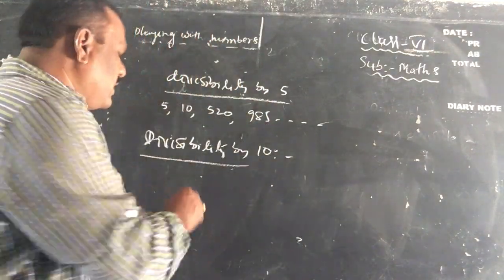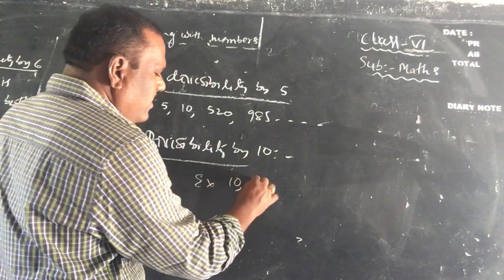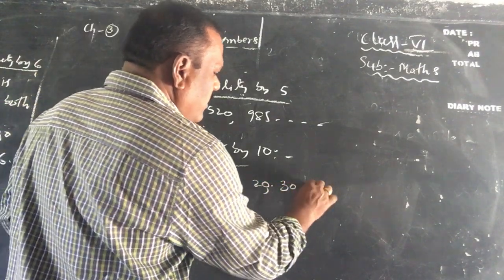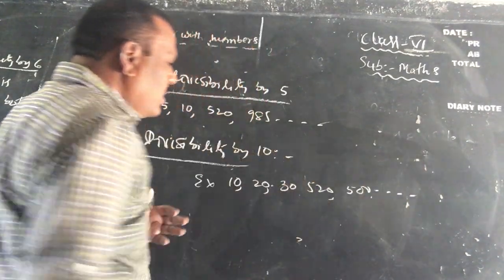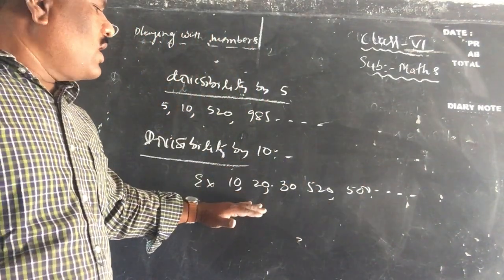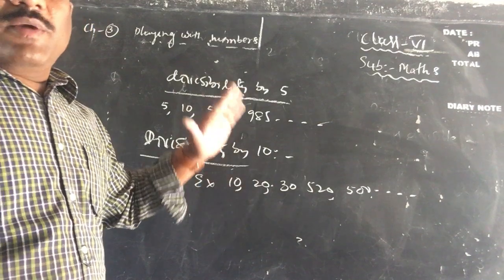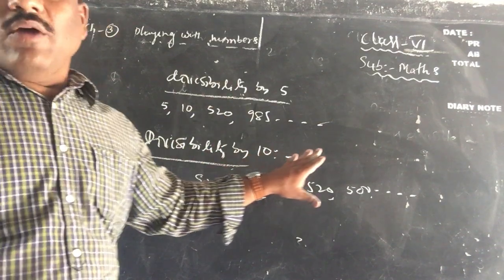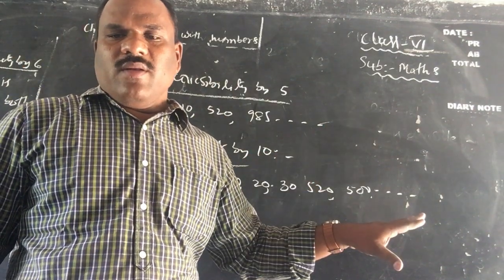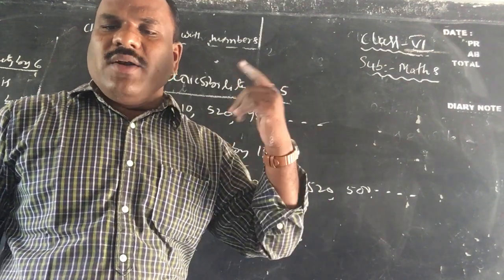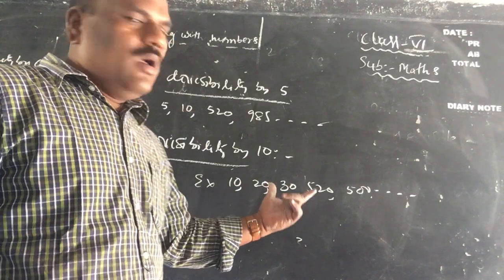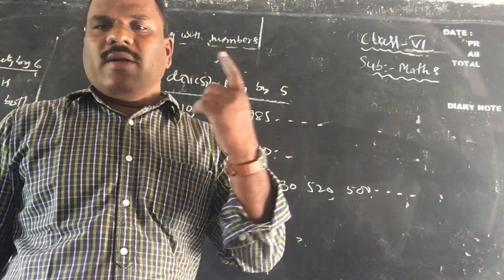For example, children, 10, 20, 30, 520, of course 500, etc. These are the numbers divisible by 10, because all of them have 0 in the ones place, and also all of them are divisible by 5 and 2.